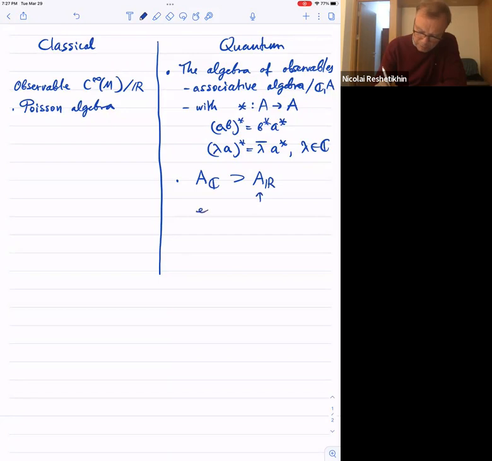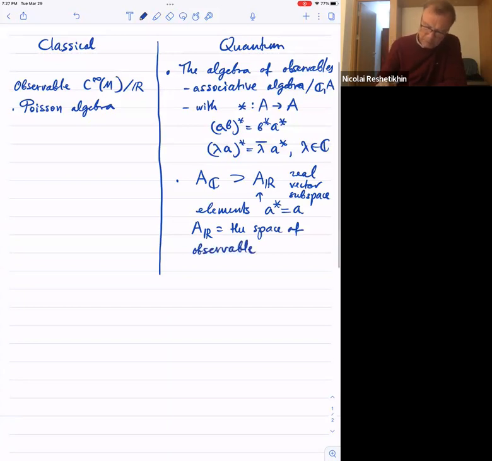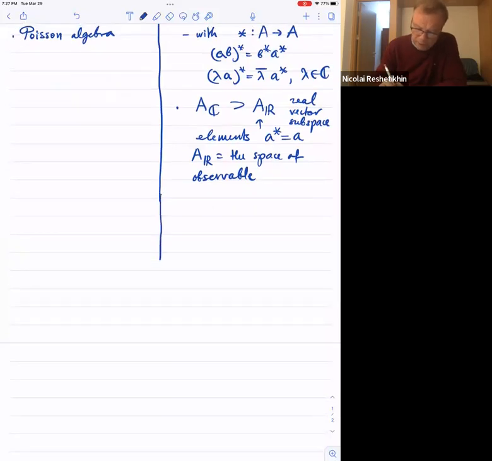These are elements that are self-adjoint, A* equal to A. Obviously, it's a real vector subspace, and this A_R is the space of observables. Obviously, this is just a subspace, not a subalgebra.